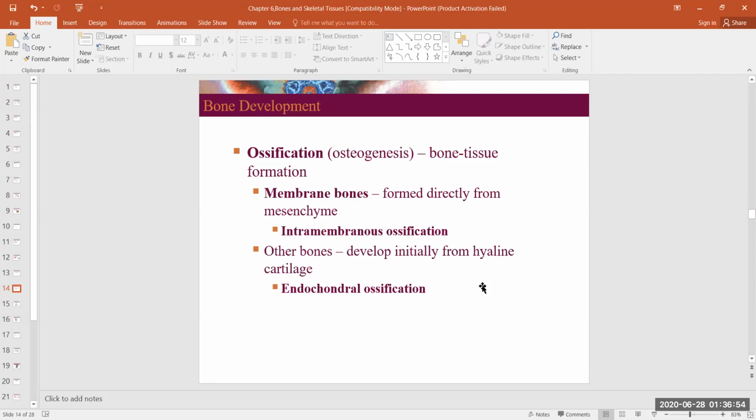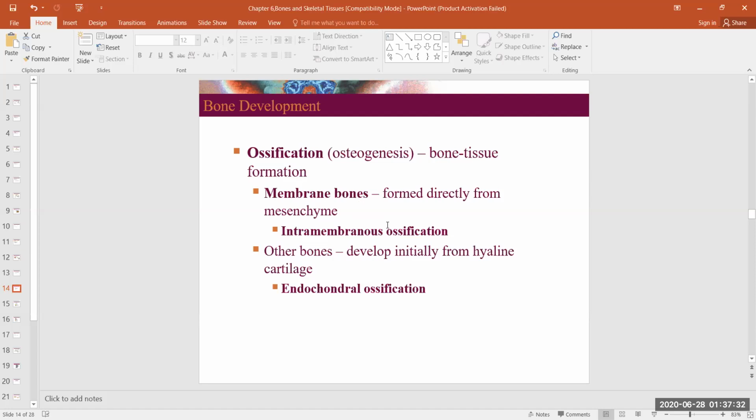Okay, the development of bone, that process is called ossification or osteogenesis. Bone tissue can be formed in two ways. They can be formed in a membrane, or they can be formed in hyaline cartilage. If they are formed in the membrane, then we call it intramembranous ossification. In this case, bone comes directly from mesenchyme. You know, connective tissue comes from mesenchyme, and this kind of membranous bone comes directly from mesenchyme.